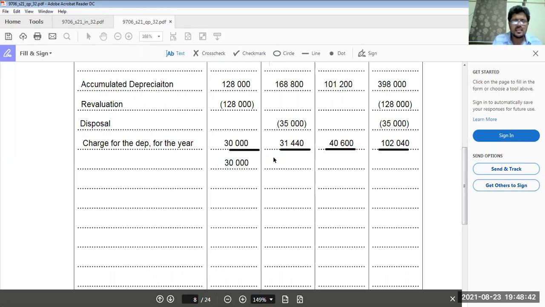This is 1,68,800 minus 35,000, so 1,33,800. Then we have 1,41,800, which is adding 600.